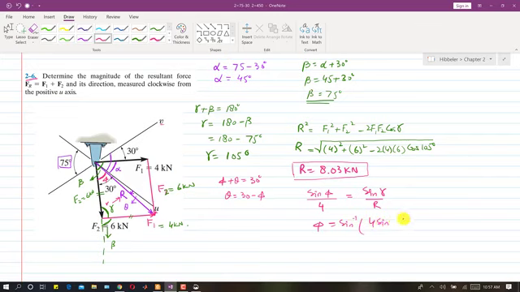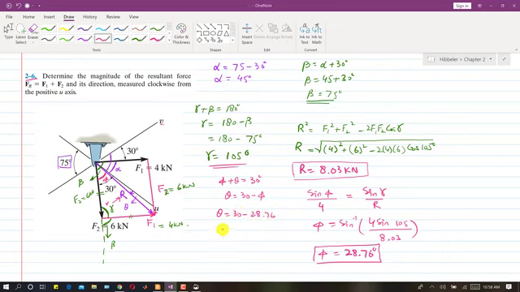Gamma is 105, we have determined this, divided by R, the magnitude of the resultant, which is 8.03. If we solve this, we will get this phi. This phi comes out to be 28.76 degrees. Now if we want to find this theta, then theta will be equal to 30 minus 28.76.